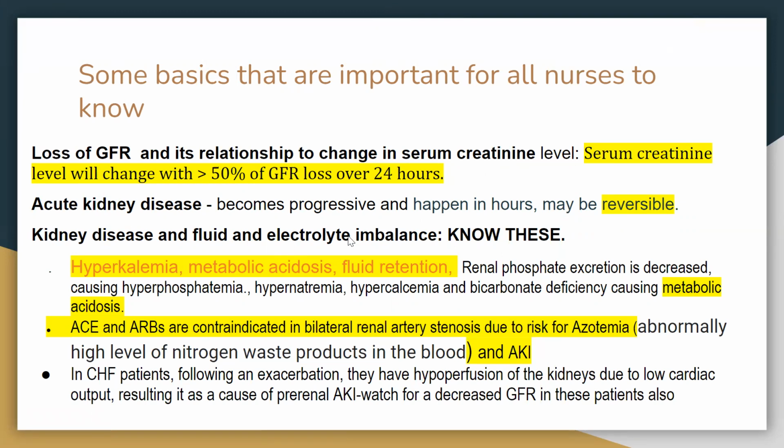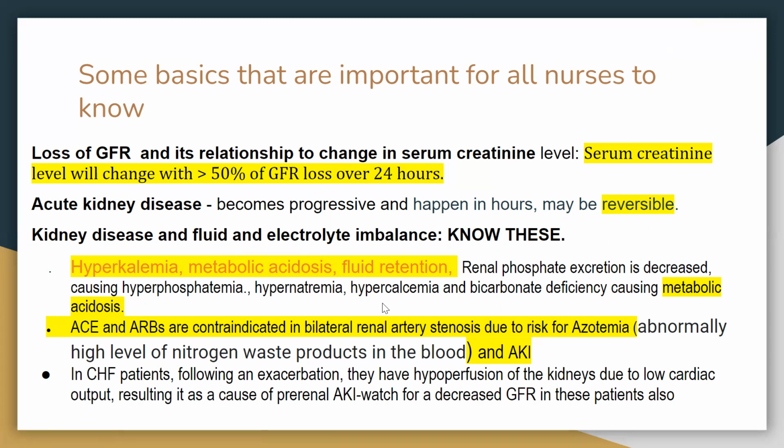And the electrolyte imbalance, as I mentioned in the earlier slides: hyperkalemia, metabolic acidosis, fluid retention, these will come on board. And then keep in mind, metabolic acidosis from hypercalcemia and bicarbonate deficiency. And when you prescribe ACE inhibitors and ARBs for patients, make sure they do not have a history of bilateral renal artery stenosis because it puts them at high risk for azotemia.